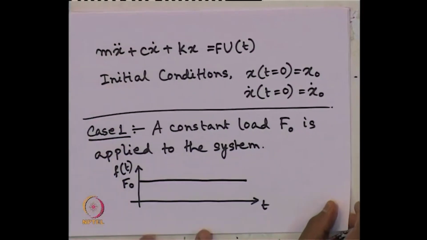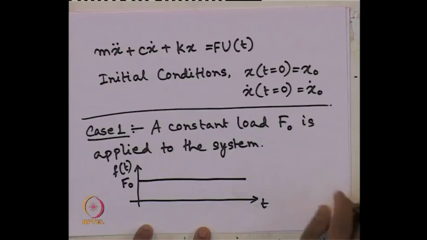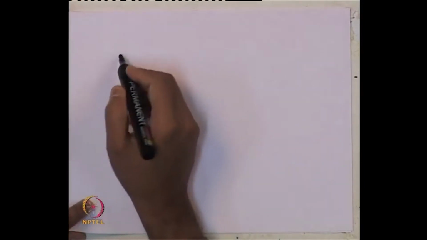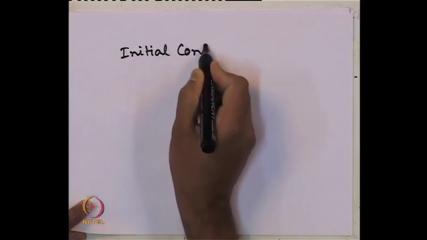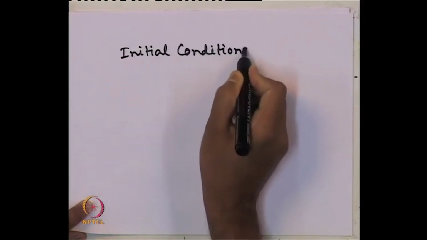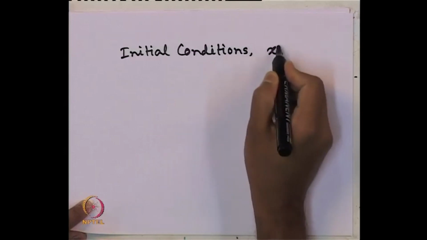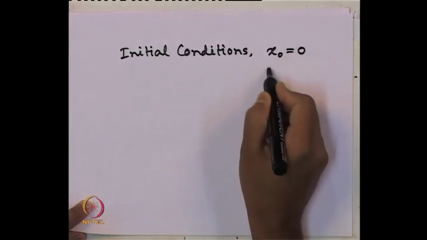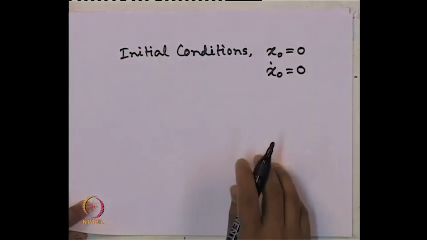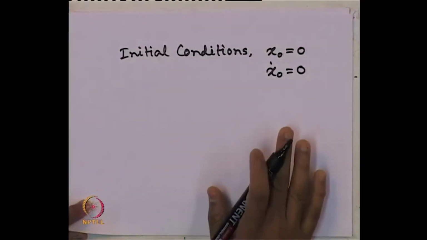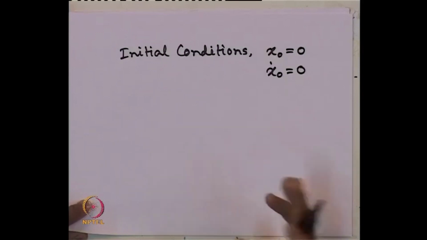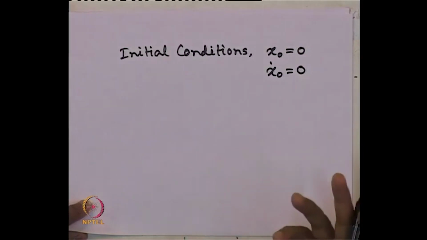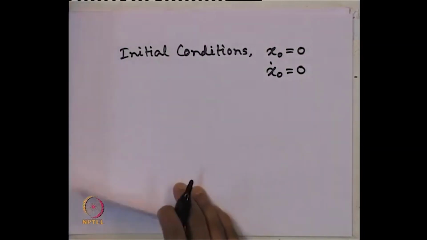And let us consider for this system, the initial conditions given to us are that x naught is 0 and x naught dot is 0. That is, the system is starting from absolute rest condition. Okay. It is possible, because we are using the forced vibration. So, that is why it can vibrate, no problem.